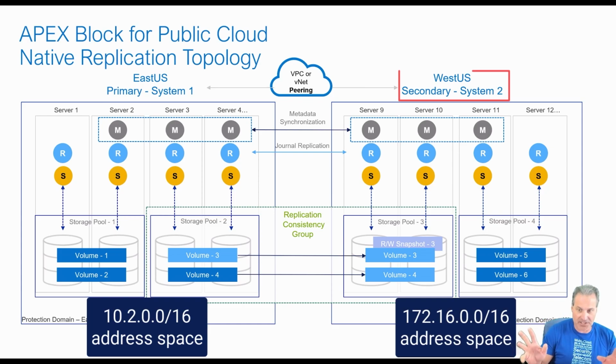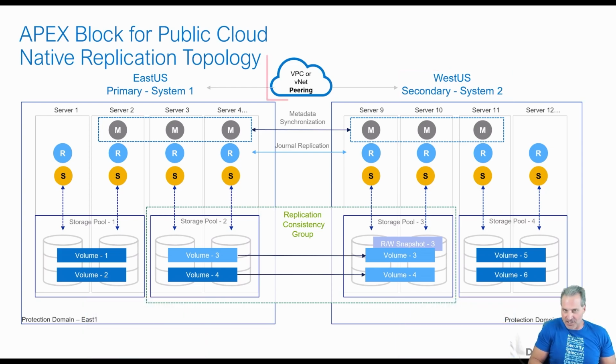You're going to see me use these address spaces and go back and forth between them, between different tools here in the demo. So remember, 10.2 is the east and 172.16 is the west. Again, we have the metadata synchronization. We have a replication consistency group there in the middle. We're going to peel all this apart here in a second. And I stitched everything together with VNet peering in Azure between these two regions.